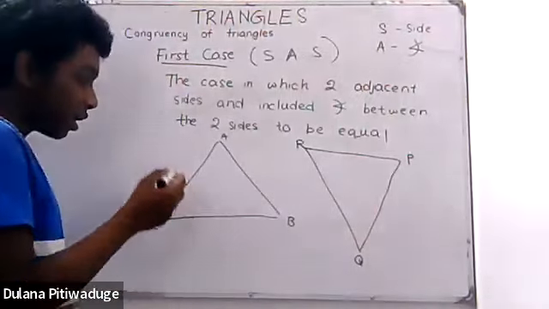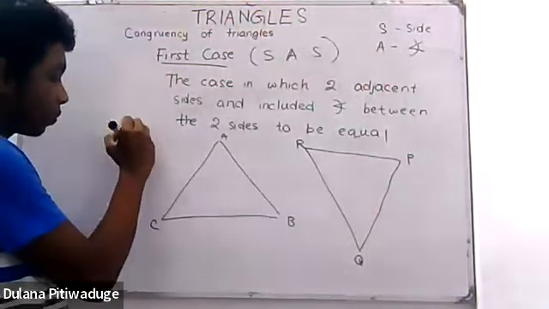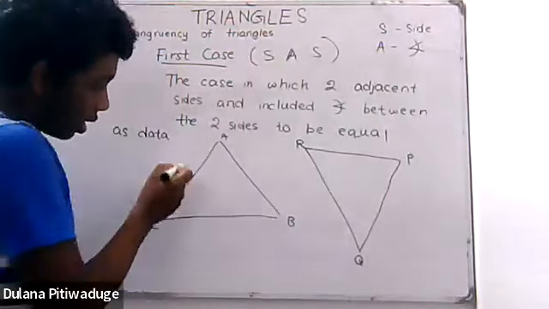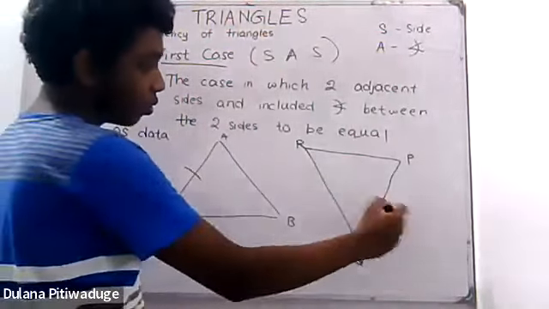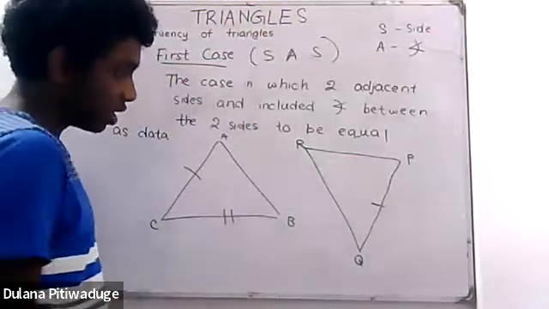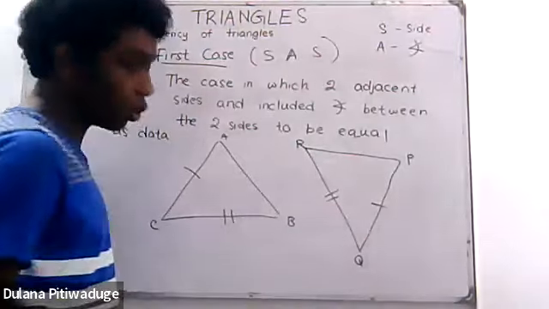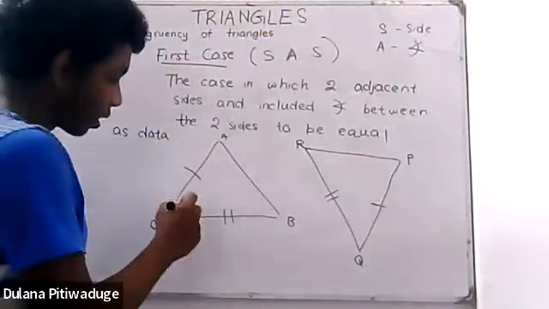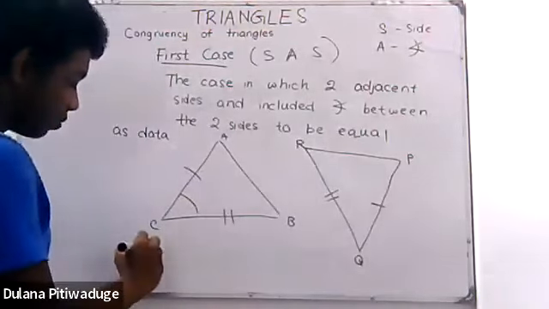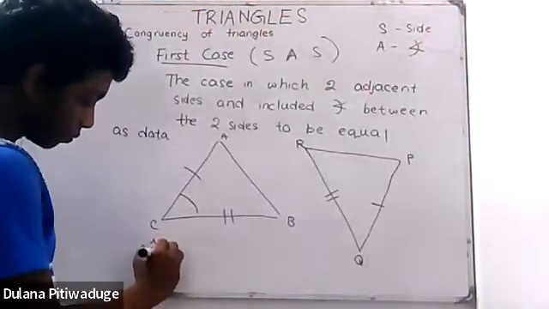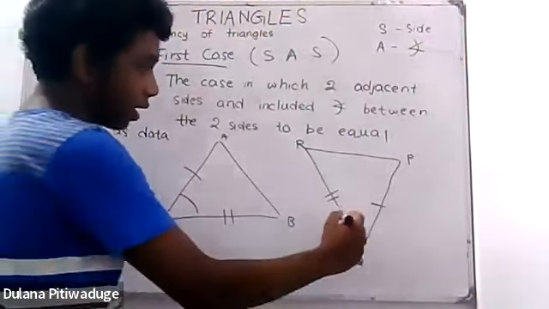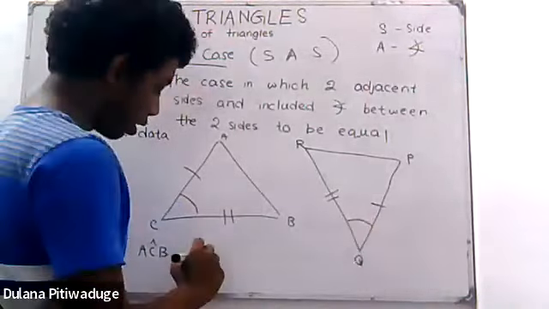If they have given as data that side AC is equal to PQ and side BC is equal to QR, then also if this angle over here, angle ACB, is equal to angle PQR.